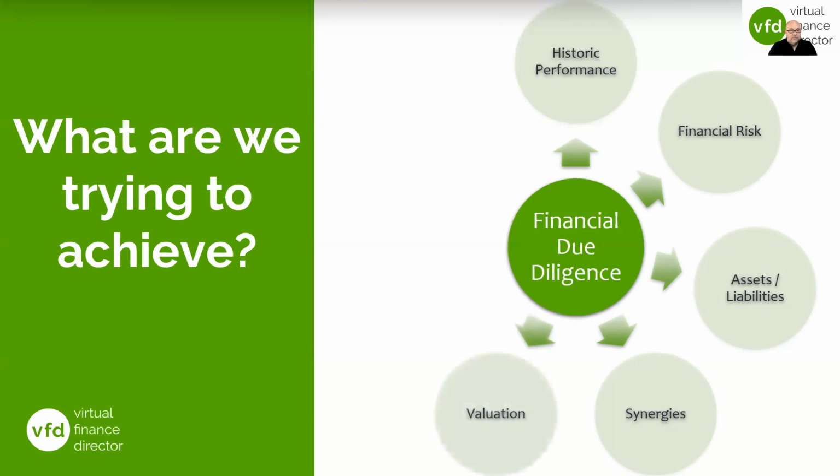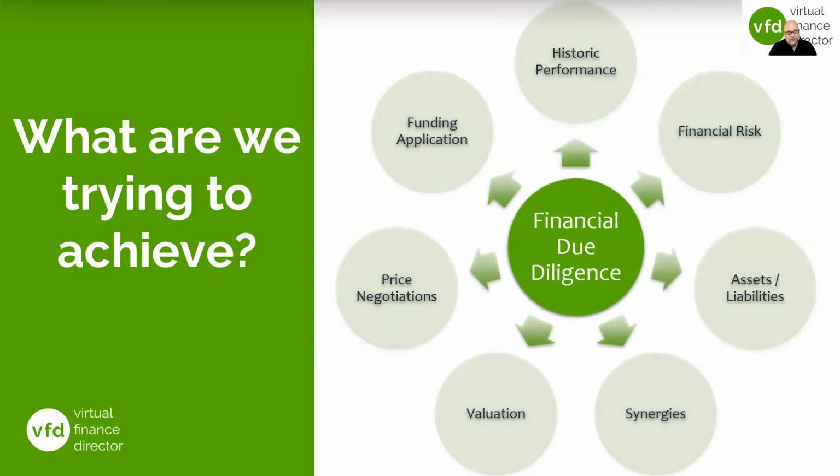We want to generate a fact base that can underpin the valuation exercise we're going to go through. It's going to form the basis for price negotiations, and we're also going to use it to assist with any potential funding applications that we might have to make as a result of this business acquisition.